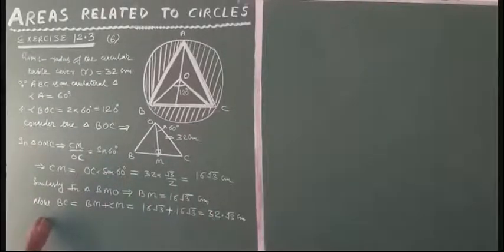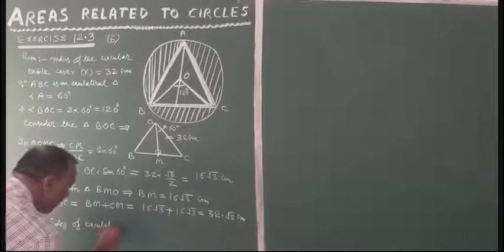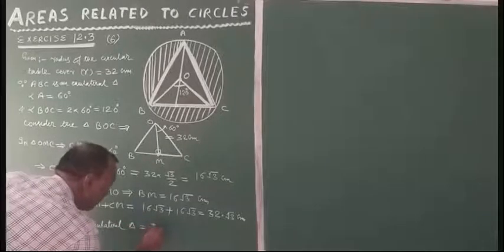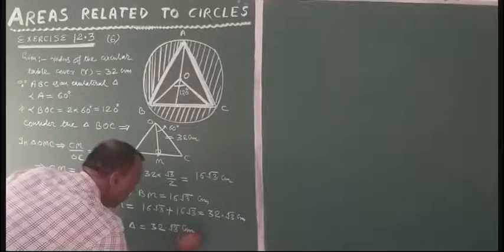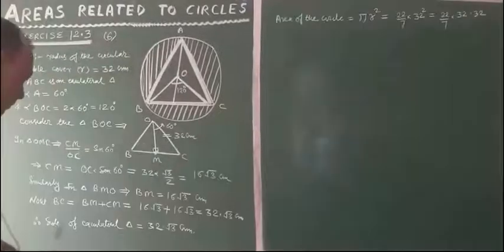Therefore, the side of the equilateral triangle will be 32 root 3 centimeter.